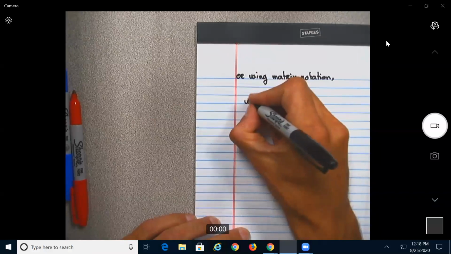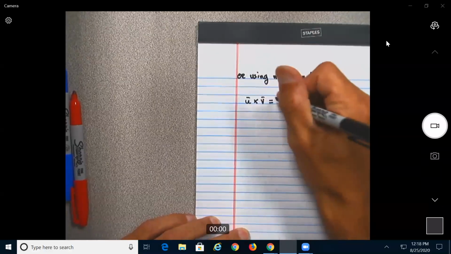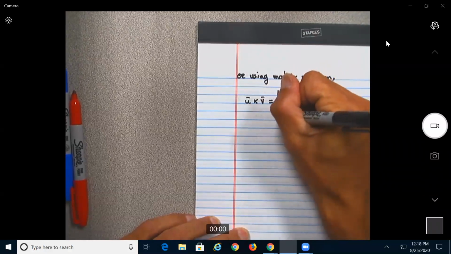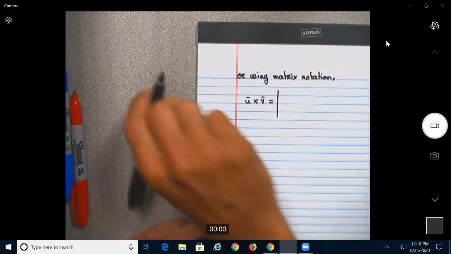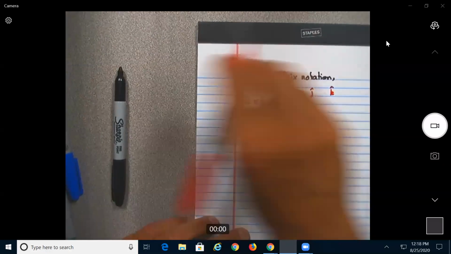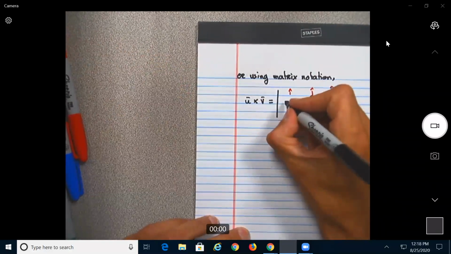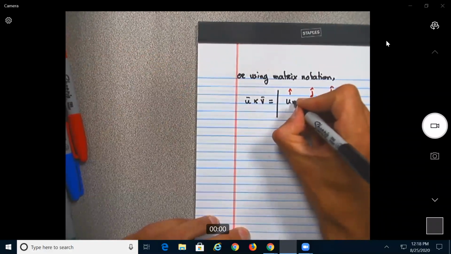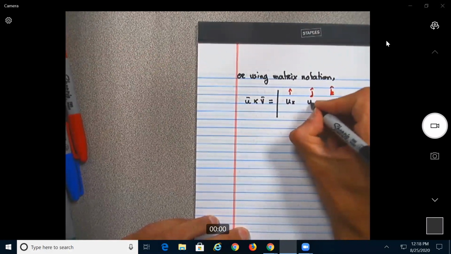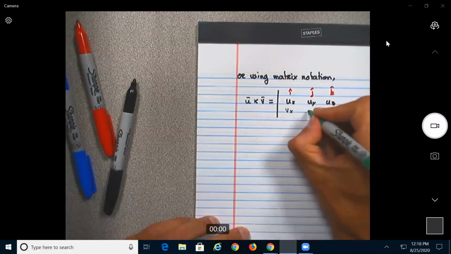U cross V will be equal to what? The I, J, K, and you put here Ux, Uy, Uz, and you could put over here Vx, Vy, Vz.